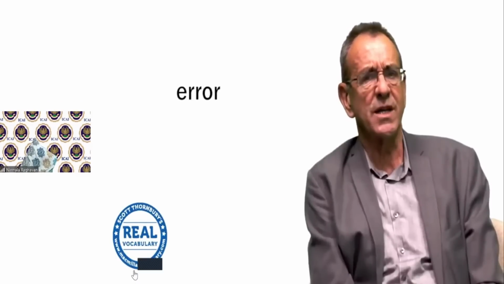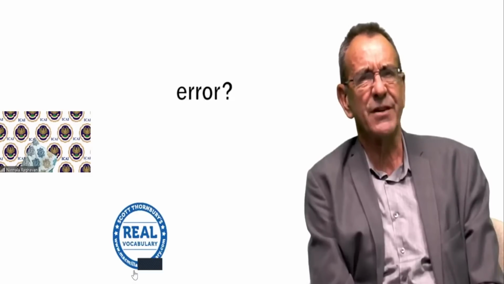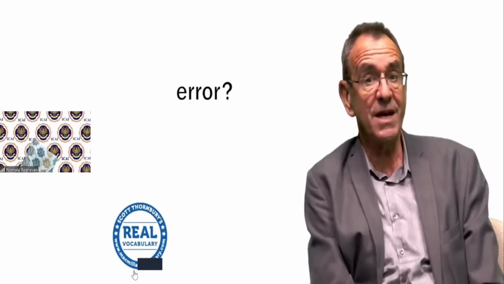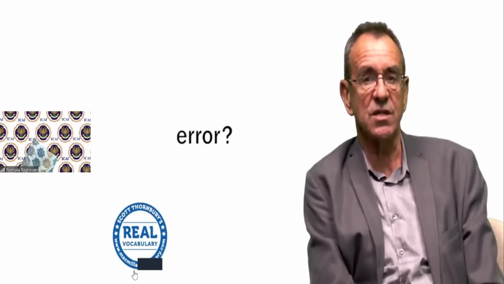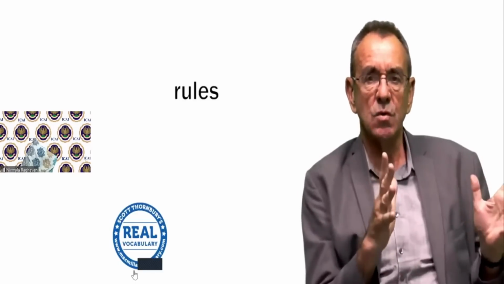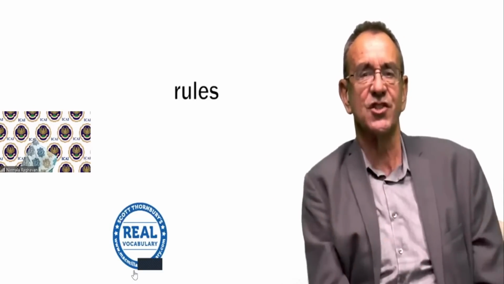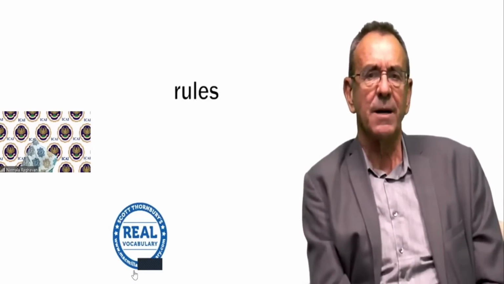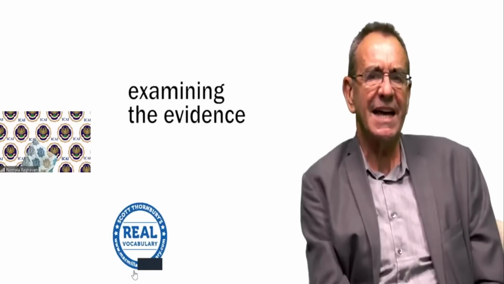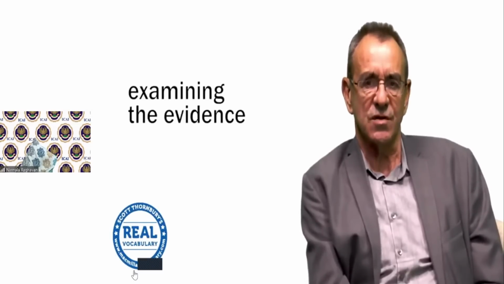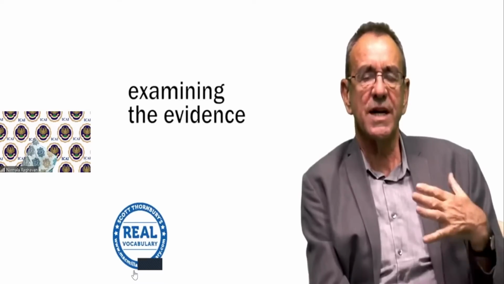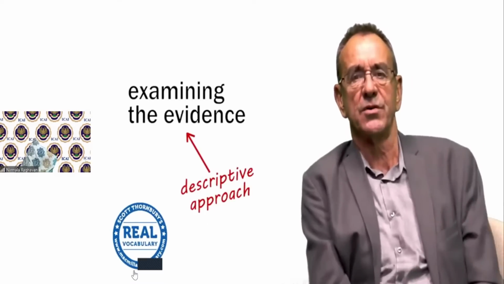But we questioned whether any of these were really errors at all. And our method was to evaluate these questions not on the basis of rules handed down from generation to generation, but by examining the evidence of language in use. This is what's known as a descriptive approach.